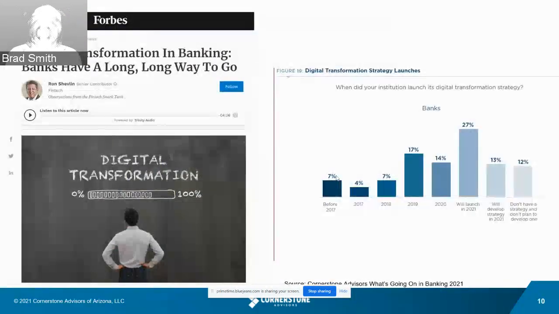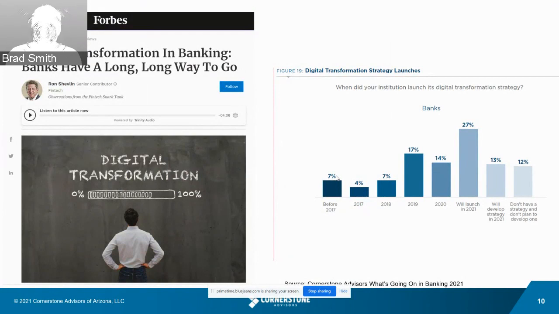But wait, we also have to free up money to invest in digital, right? Because we are all, I think, under extreme pressure to really reimagine our business models around digital, around data and analytics, around automation technologies. And many mid-sized banks and community banks still have a ways to go in digital transformation.